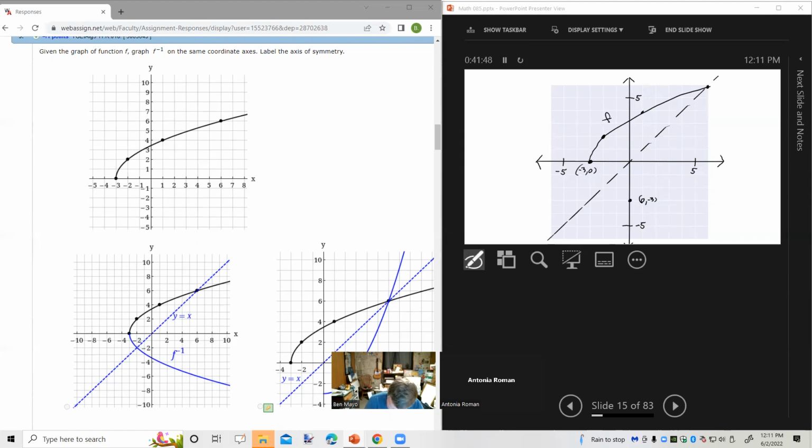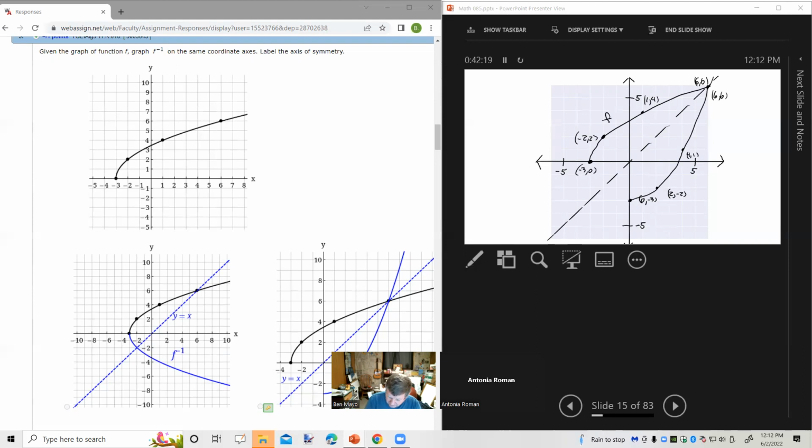Yes. This is -2, 2. So the point 2, -2 would be on the inverse. This is 1, 4. So the point 4, 1 would be on the inverse. This is 6, 6. So 6, 6 would be on the inverse. So your graph looks like that.